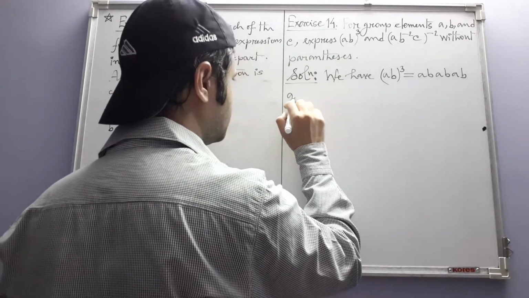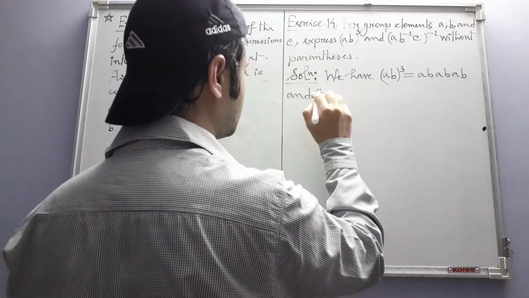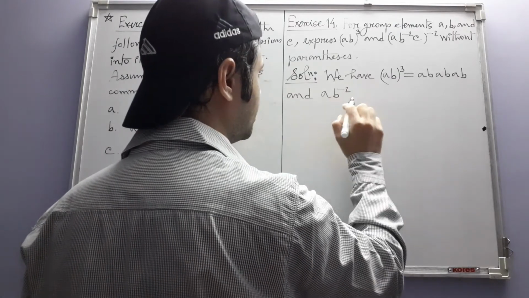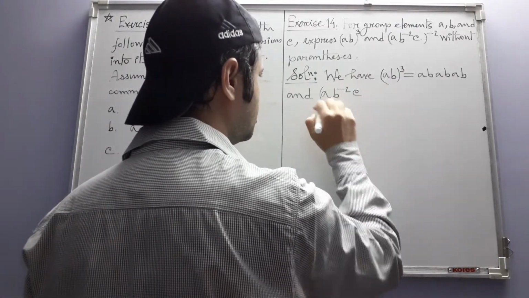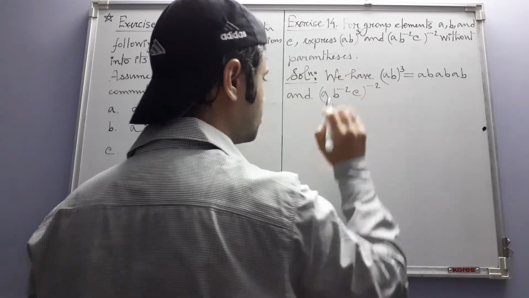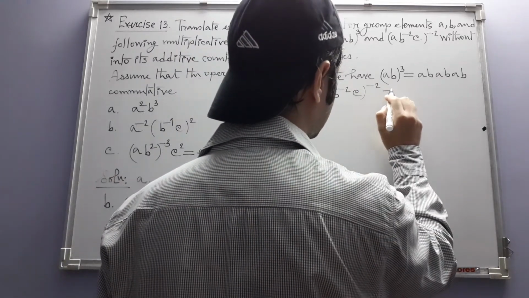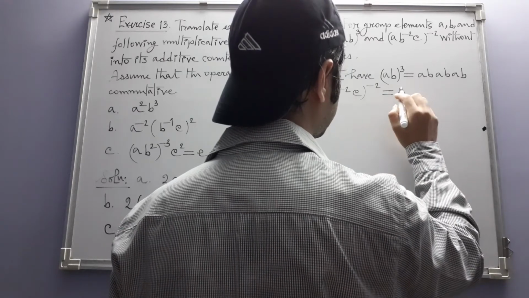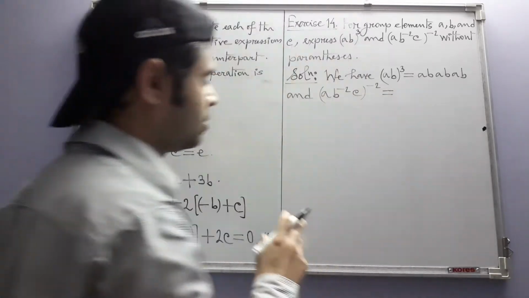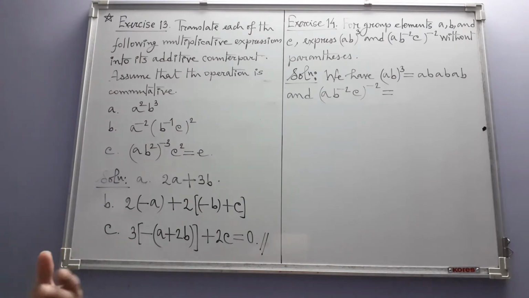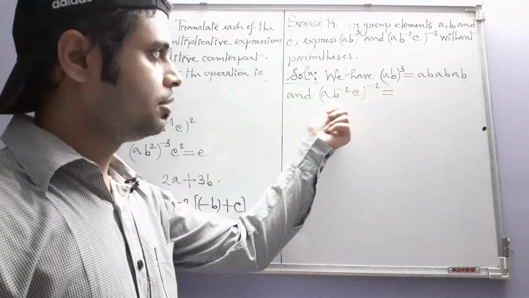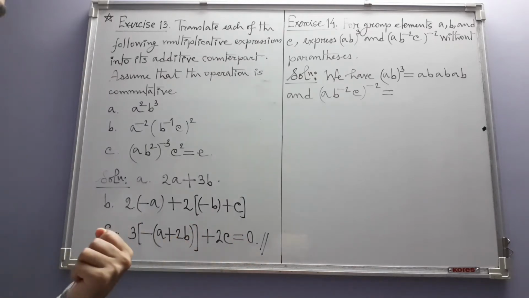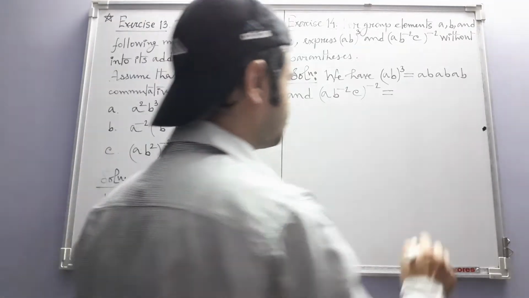And what about this one? AB to the power minus 2C whole to the power minus 2. This becomes, okay, for the second one, since it's somewhat more complicated than this one, we may have to use some of the properties that we know are true in a group, elementary properties of a group.